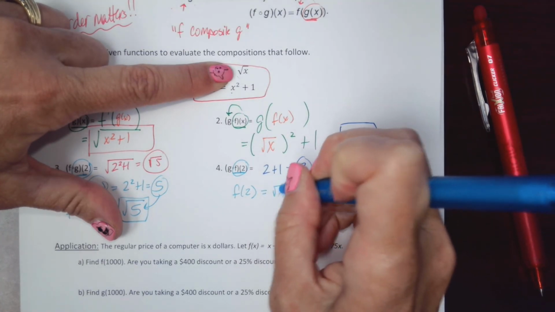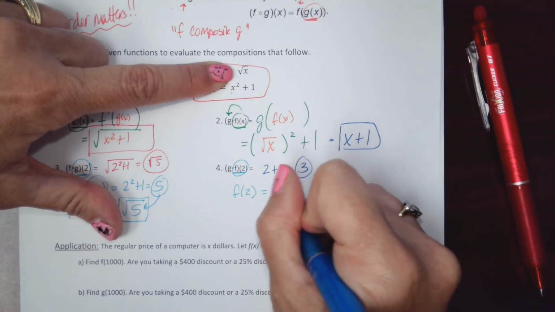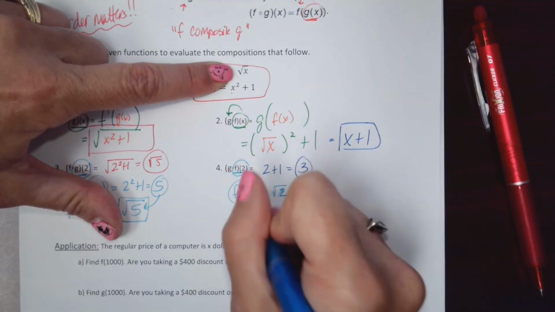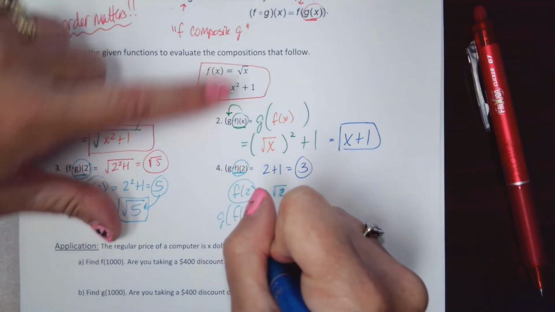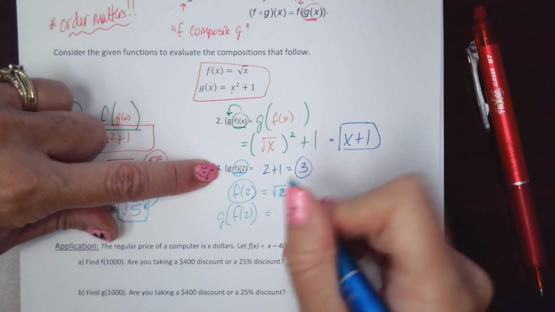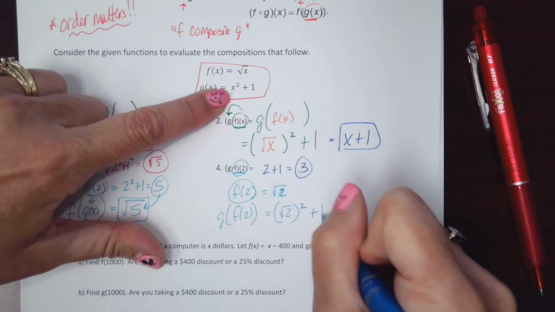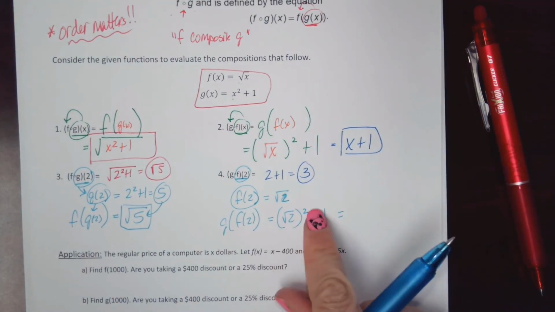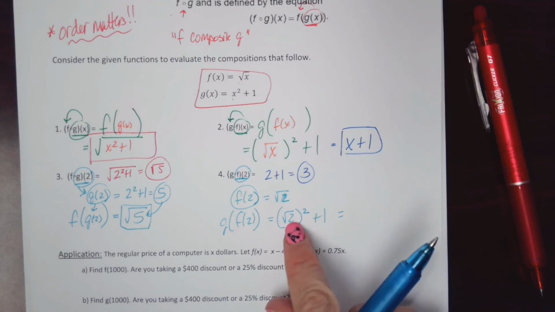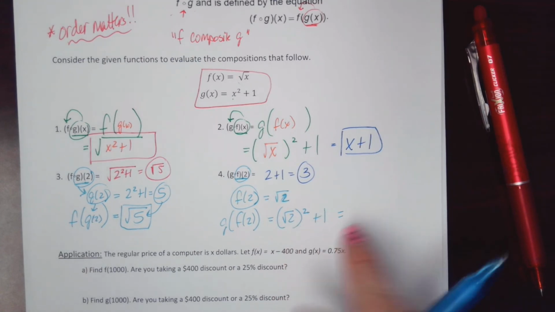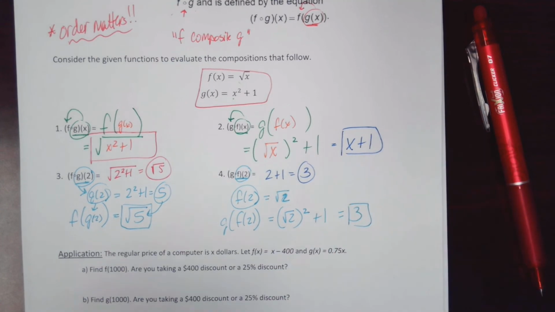Square root 2, not square root x, sorry guys, square root 2. And then take that and plug it into my g function. So square root 2 squared plus 1. Square root and square cancel out, so that leaves me with 2 plus 1 is 3. And we get the same result either way.